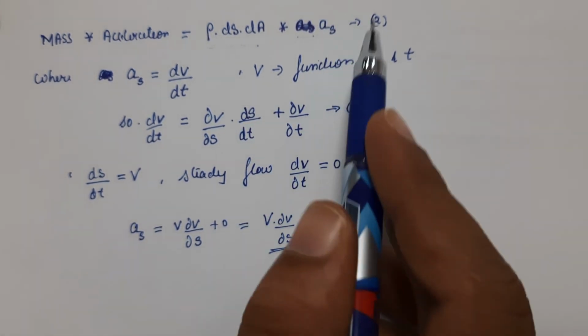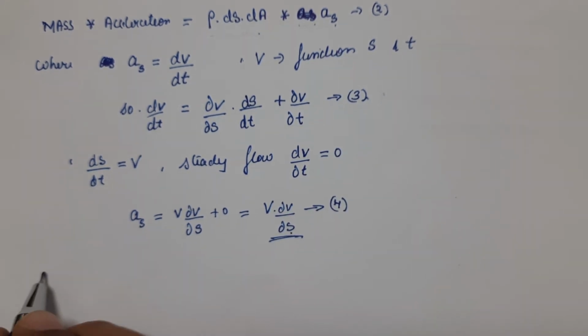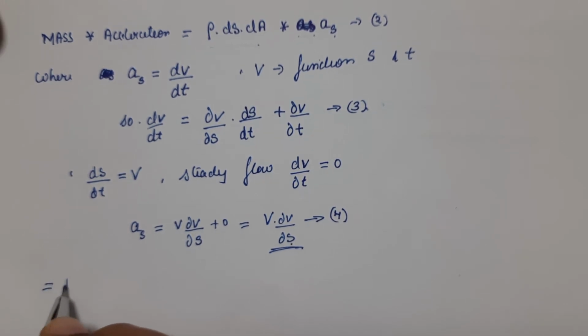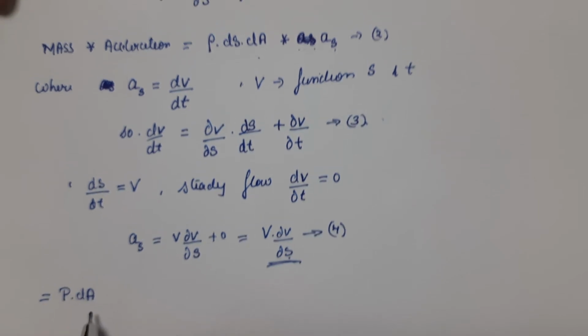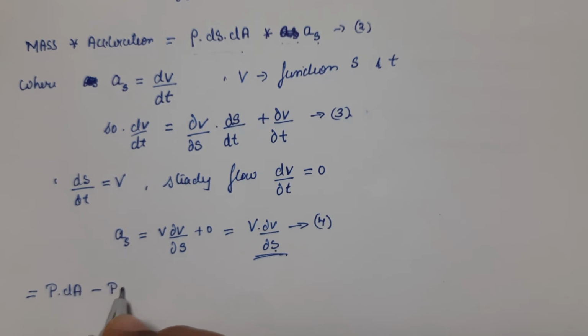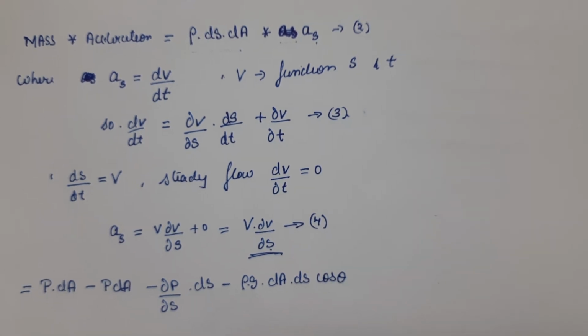Equating 1 and 2, what we get is P dA minus P dA minus dou P by dou s into ds minus rho g dA ds cos theta, which is equal to mass into acceleration, since F is equal to ma.